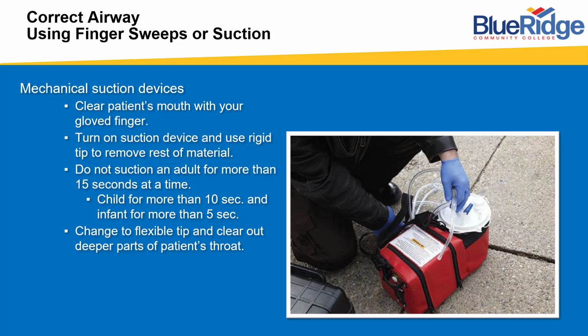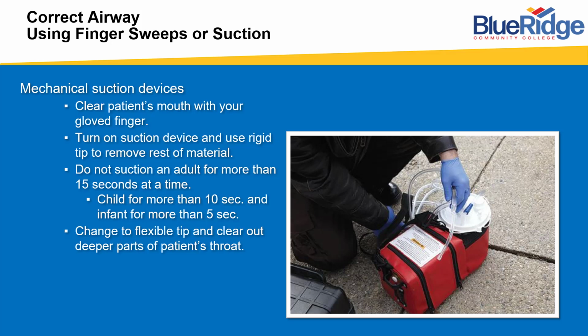Mechanical suction devices use either a battery-powered pump or an oxygen-powered pump aspirator to create a vacuum. Such a device draws the obstructing materials from the patient's airway. Turn on the suction device and use the rigid tip to remove most of the remaining material.